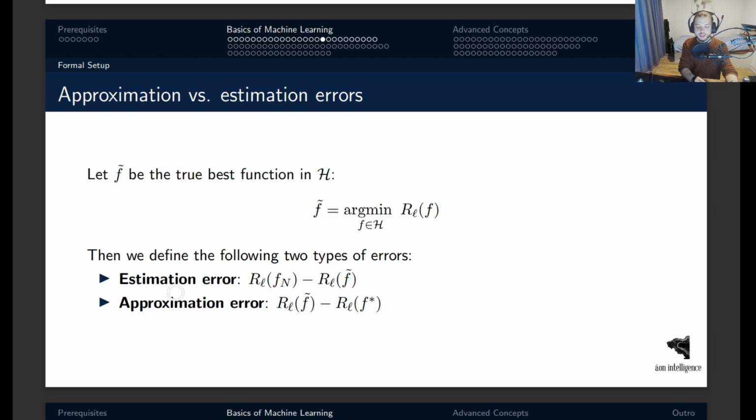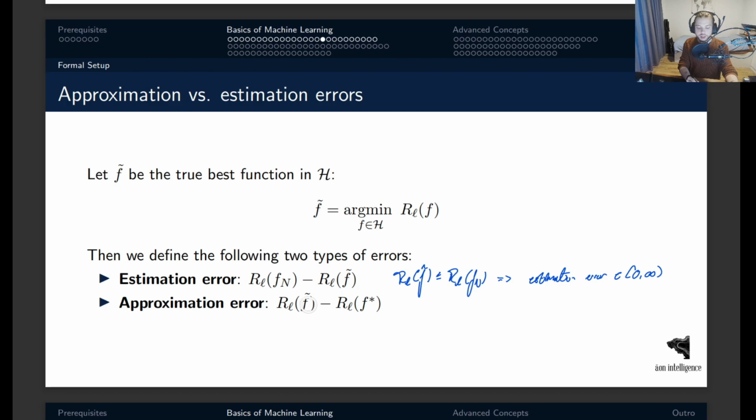The first kind is the estimation error, which is the difference between the true risk associated with the prediction model identified by our empirical risk minimization procedure and the true risk associated with the best function in H. Since the true risk associated with f tilde is always smaller or equal than the true risk associated with the model found by our learning algorithms, the estimation error is always positive.